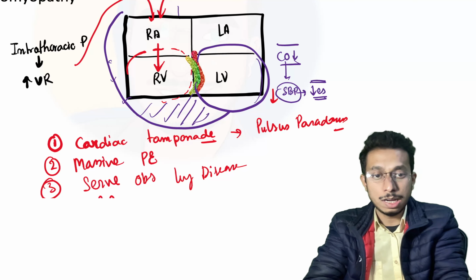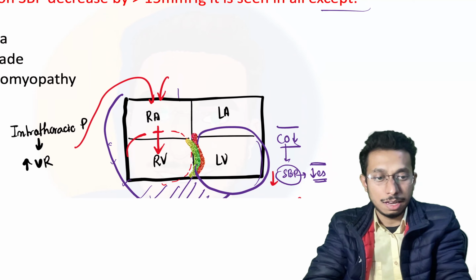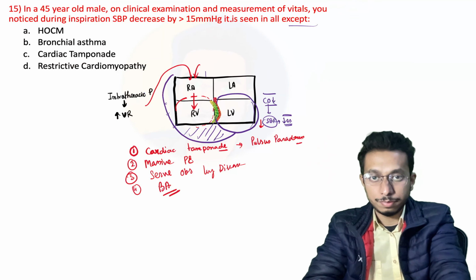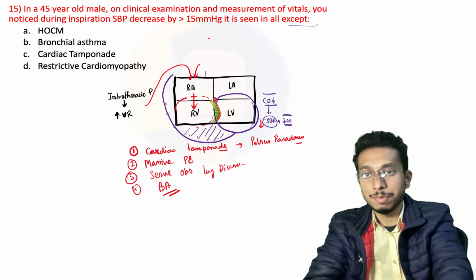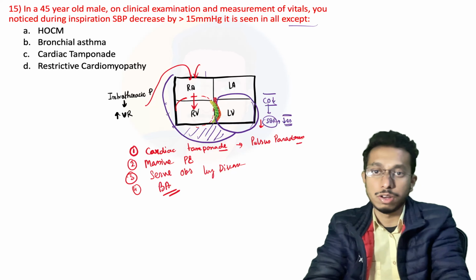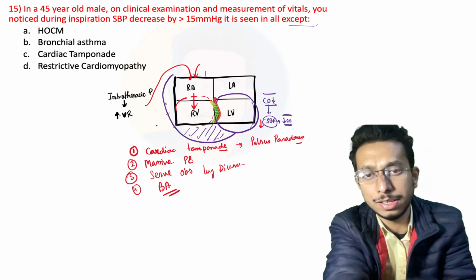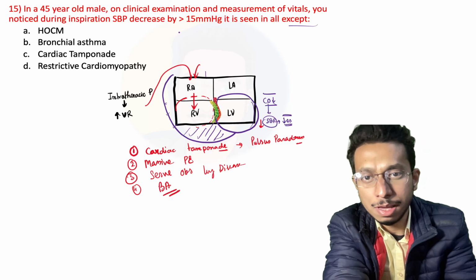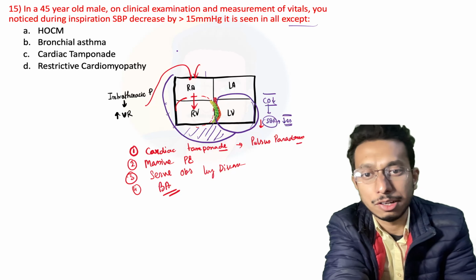Okay, so what happens in HOCM, guys? In HOCM there is an entity which is known as reverse pulsus paradoxus. So what happens here? In HOCM, with inspiration, systolic pressure increases. Why does it increase?